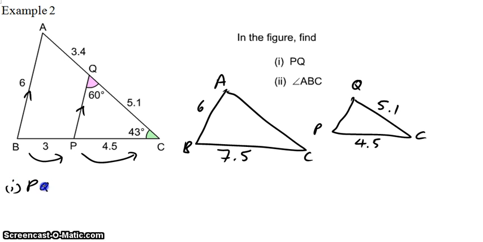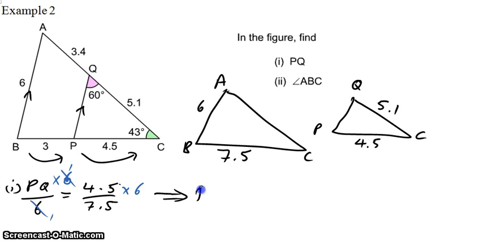All right? So PQ is the thing I'm trying to find. So I write that down first. PQ goes to 6 just as 4.5 goes to 7.5. And again, if I multiply this side by 6, they cancel out, so I must multiply this by 6 on this side here.